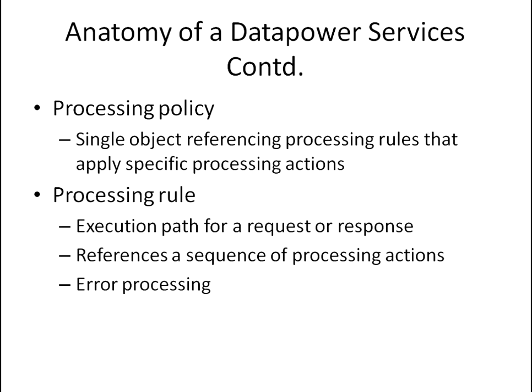The processing policy, as I told you, each firewall is connected to at least one processing policy. In one processing policy, we can reference multiple processing rules. For example, you can have the client request rule.